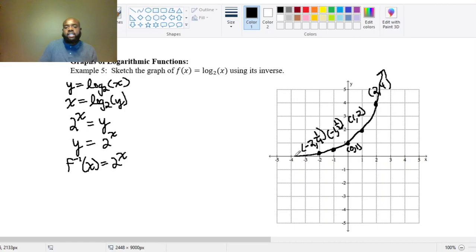And so this is f inverse of x equals 2 to the x. And now that I know the relationship between the function and its inverse is the fact that they are reflections about the line y equals x, and I can interchange my x and y coordinates for all of our points, then the point -2, 1/4 will be the point 1/4, -2.